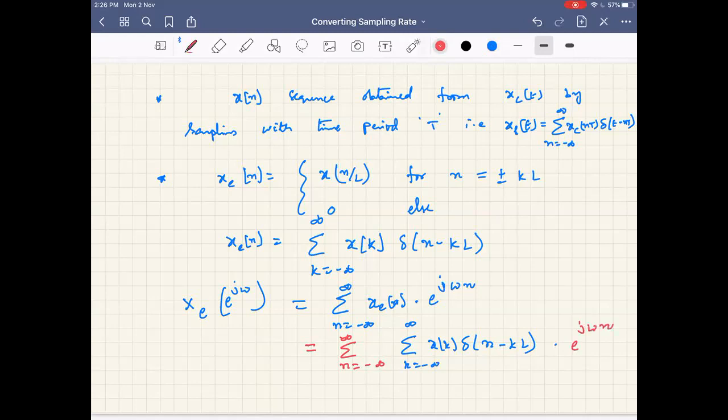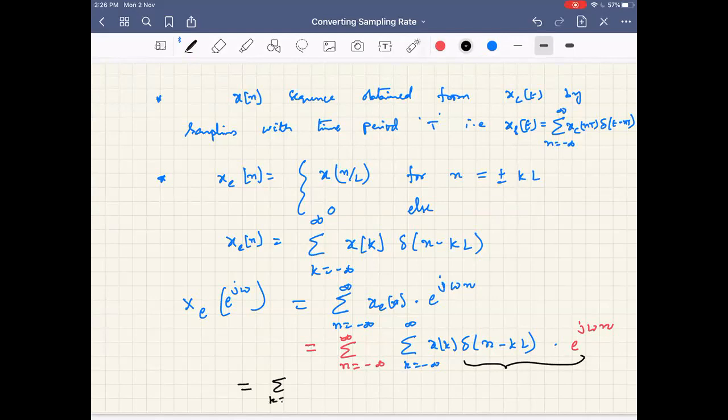So now let us see which terms we can group first. These two terms only are dependent upon n, so we can bring sigma k out and keep the n terms in one place.